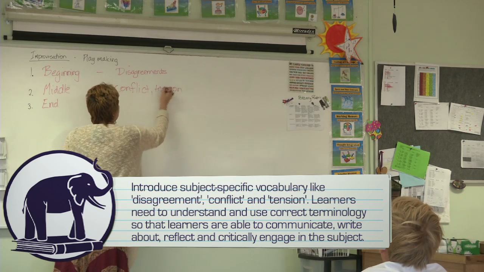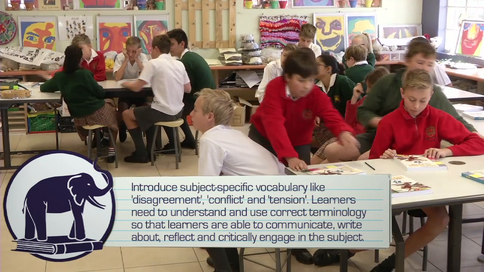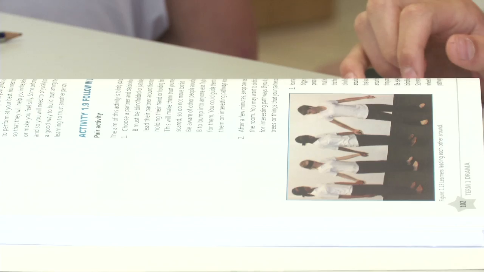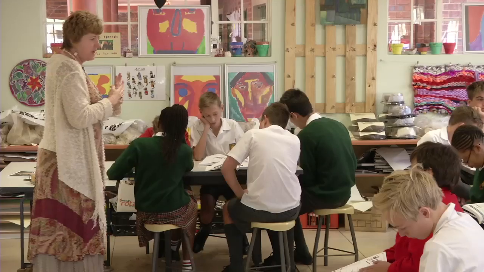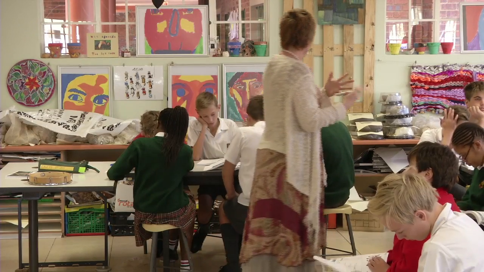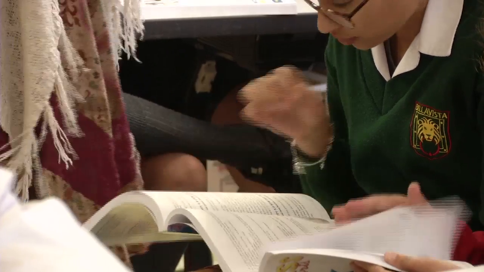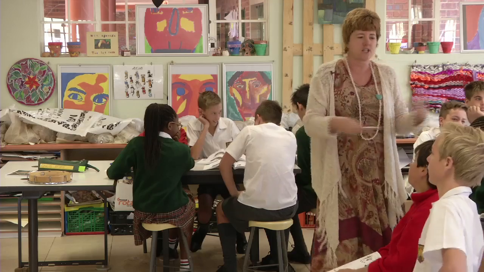Okay? Now in your books, on page 103, this play is a play about using improvisation. So you don't have to write a script, but you do have to organize your characters. You're going to be taking a role. And the challenge is not to be the same person that you always are.